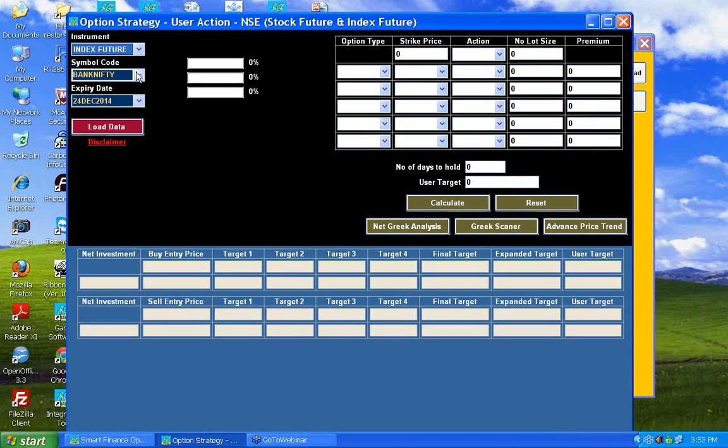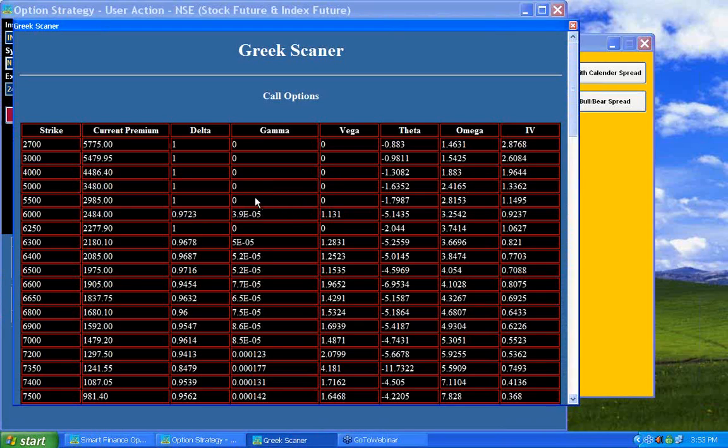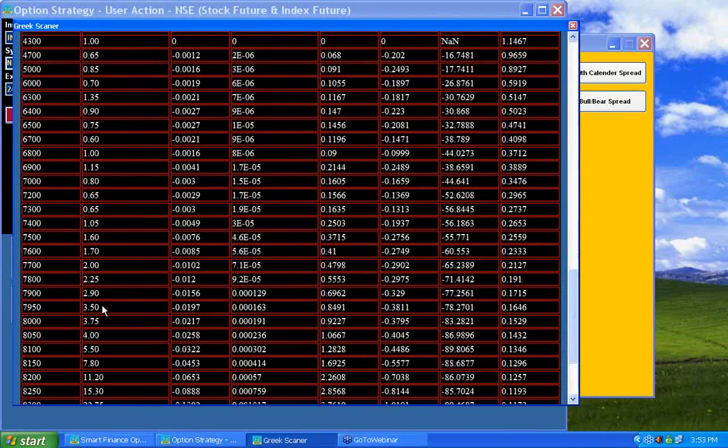So here I am taking the first segment, and you will just go for load data. All the data will get loaded. Once the data is loaded, you have a Greek scanner, to scan the Greeks. It will tell you what the tradable strikes are and what the Greek is.